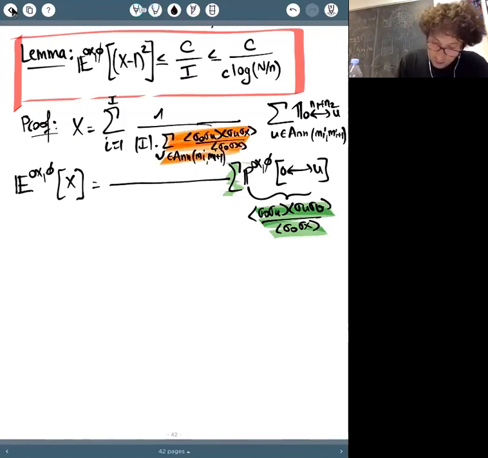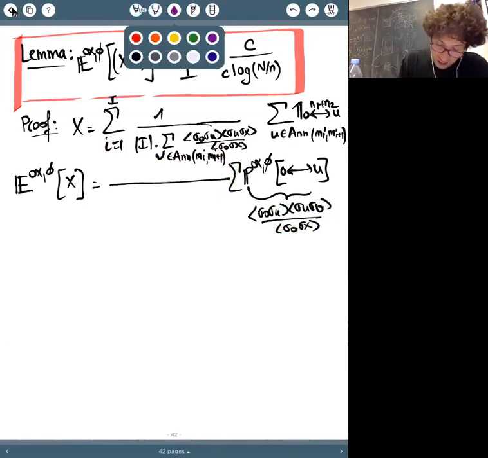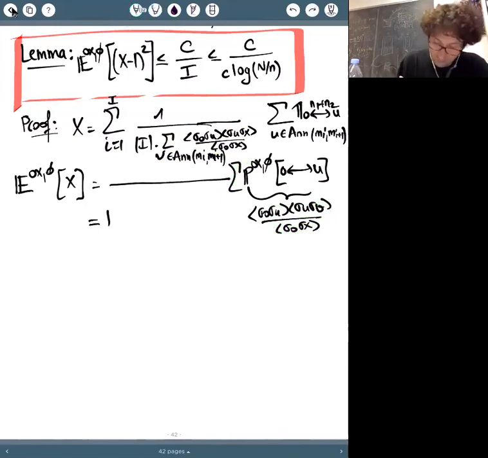And then the sum over I here is canceling this. So this whole sum, the expectation, is actually exactly equal to 1. That's why we introduce these coefficients here. These coefficients are exactly made for that.